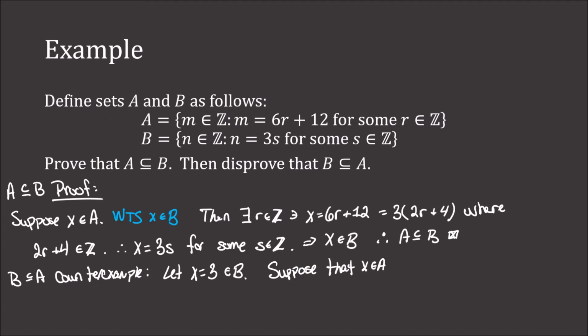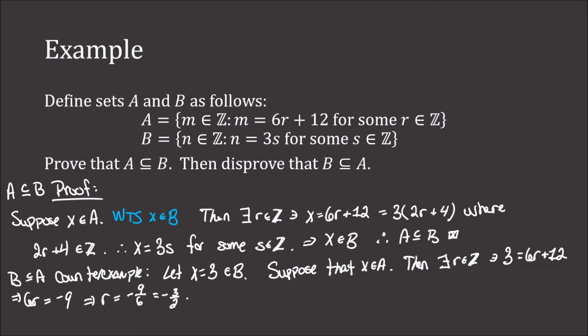Right, so to prove that this is not an element of A, we'll use contradiction. Then there has to exist some integer r such that 3 is equal to 6r plus 12. Well, this means that 6r would be equal to negative 9, which would imply that r would be equal to negative 9 over 6, which is negative 3 over 2.